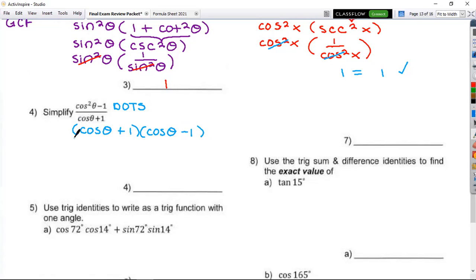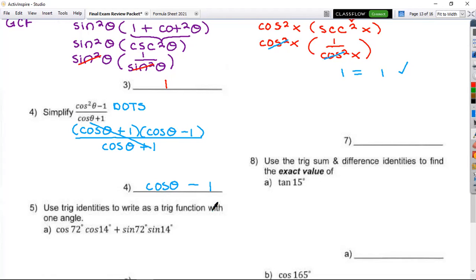And then divided by the bottom, I'm going to keep exactly the same because now you're done. So those cancel, leaving me an answer of just cos theta minus 1. Okay, so that is difference of 2 squares factoring with that.